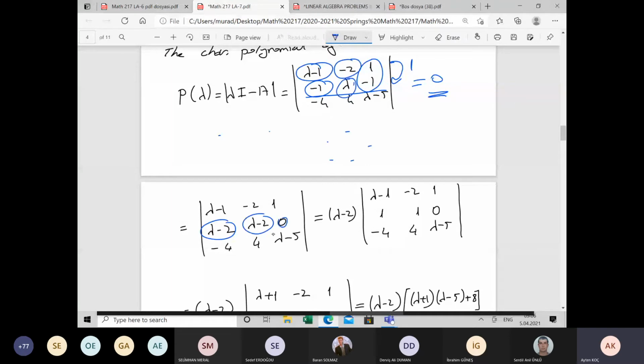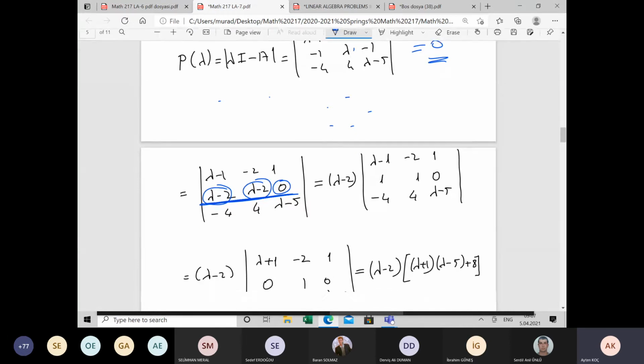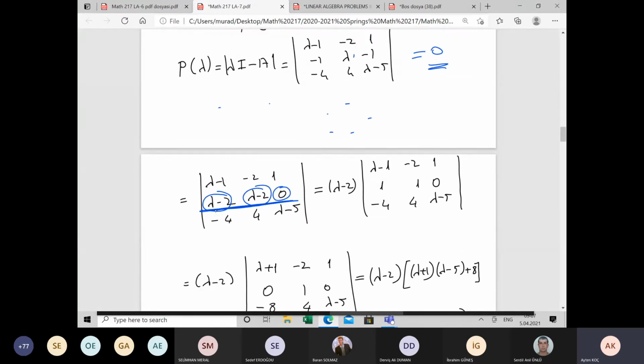It's okay. Here it contains the common entries lambda minus 2, 0, and this means this row contains lambda minus 2, and we know that if it contains the same value, right here lambda minus 2, 1, 1, 0. Be careful, this one is a determinant. If it is a matrix, we get lambda minus 2 by multiplying all entries that contain lambda minus 2.